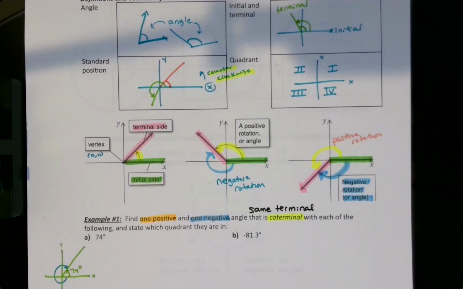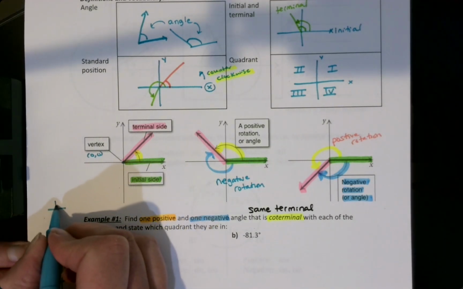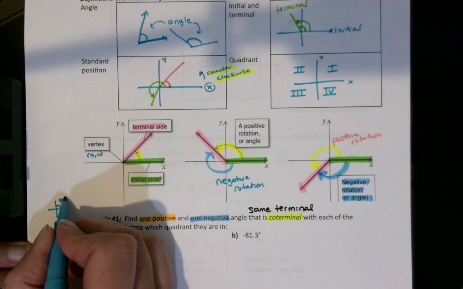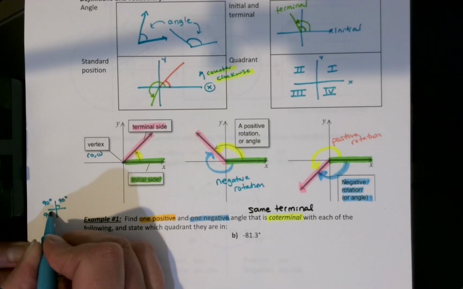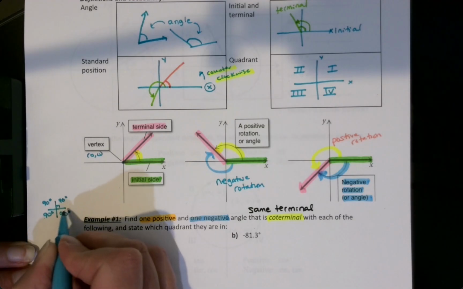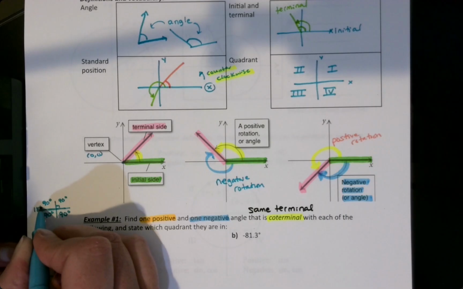So one of the things that I'm going to need to know here is how many degrees would be in a full rotation. But if I consider that there are 90 degrees in each of the quadrants, 90 plus 90 is 180 degrees.